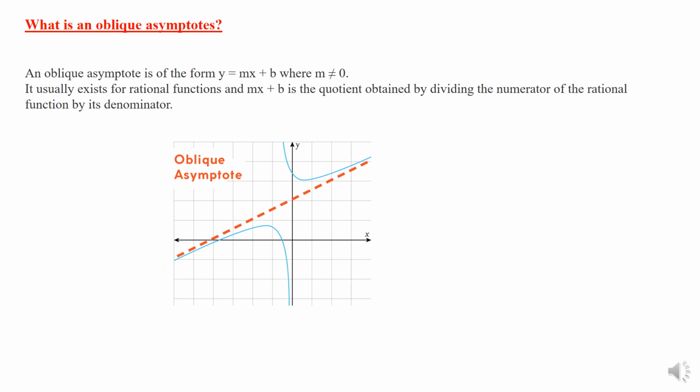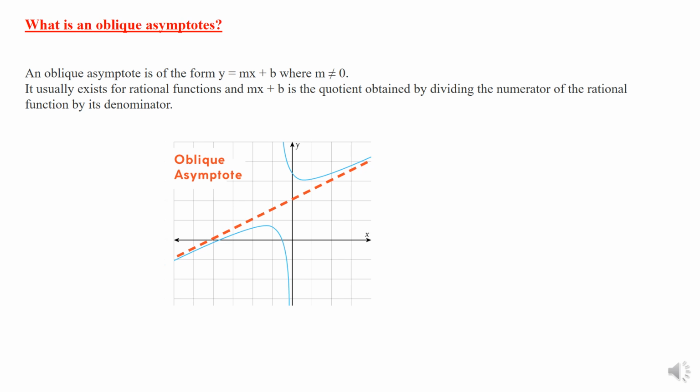Finally, we reach the oblique asymptote. An oblique asymptote is of the form y equals mx plus b. It's a straight line where m is not equal to 0. If m is 0, then it is y equals b, a horizontal asymptote.